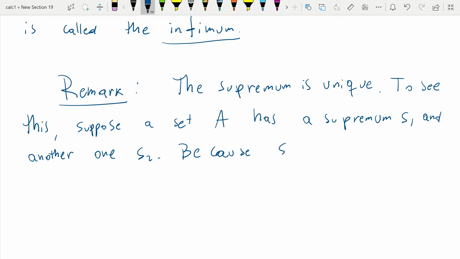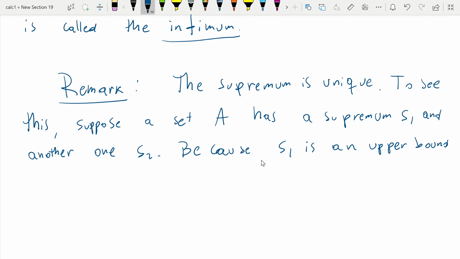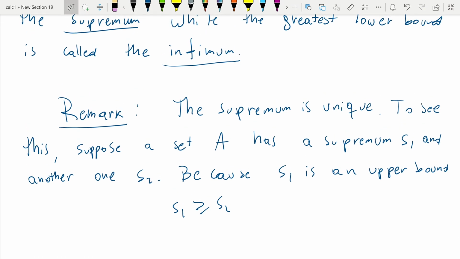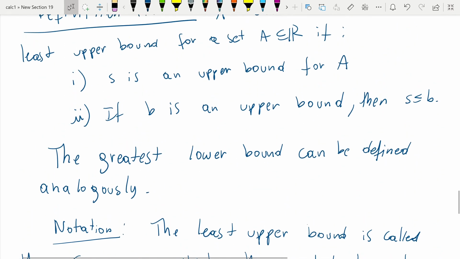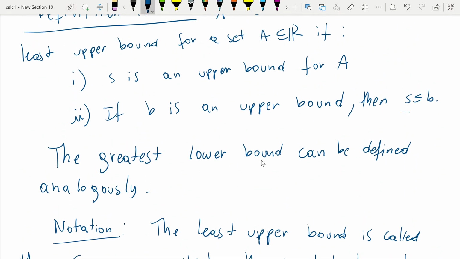Because S1 is an upper bound, S1 must be greater than or equal to S2 because S2 is a supremum. So you have an upper bound, in this case S1, then S1 must be greater than or equal to S2 because of 2i. Property 2i here tells us that since S1 is an upper bound, S1 has to bound from above the supremum S2.